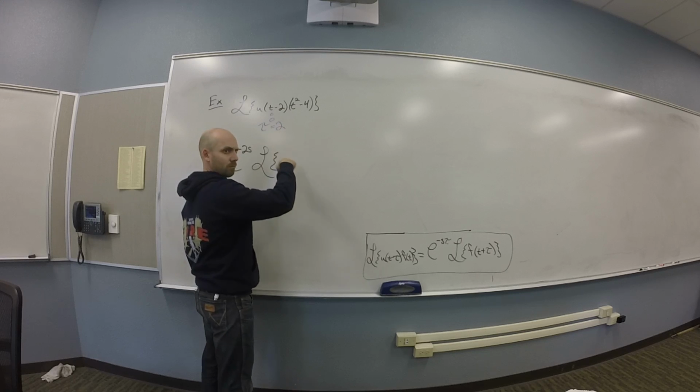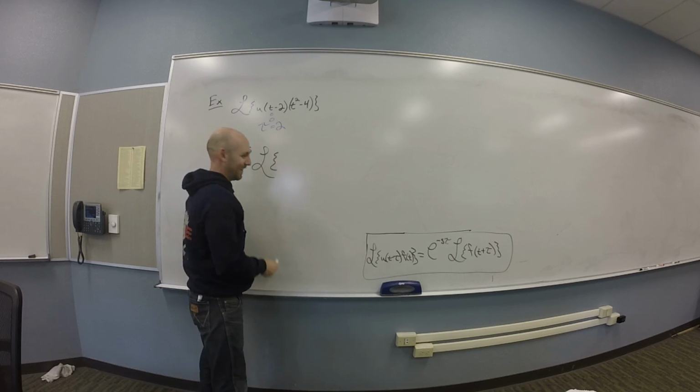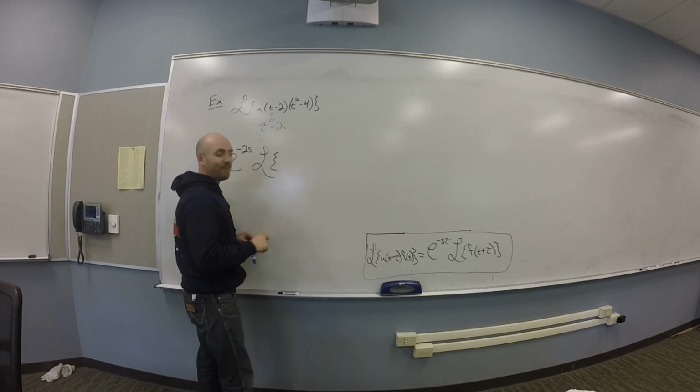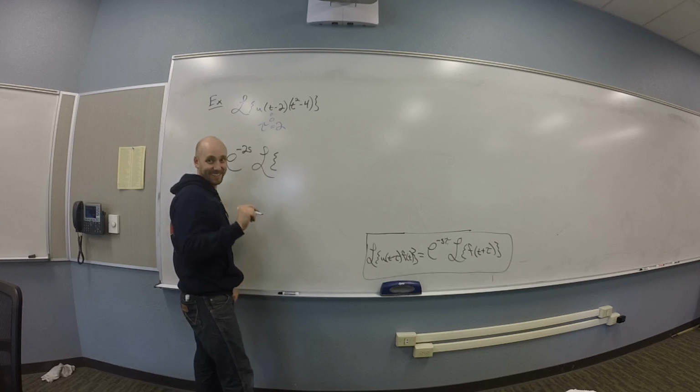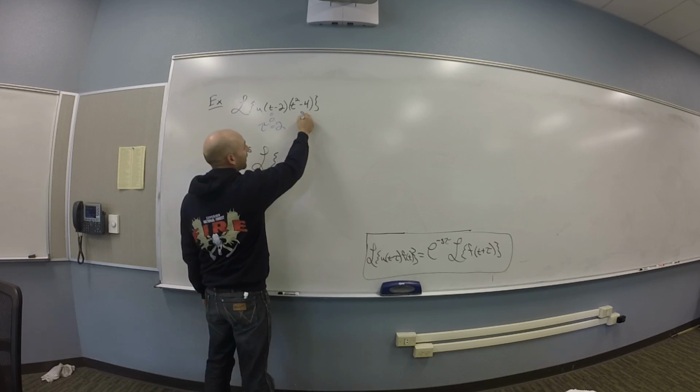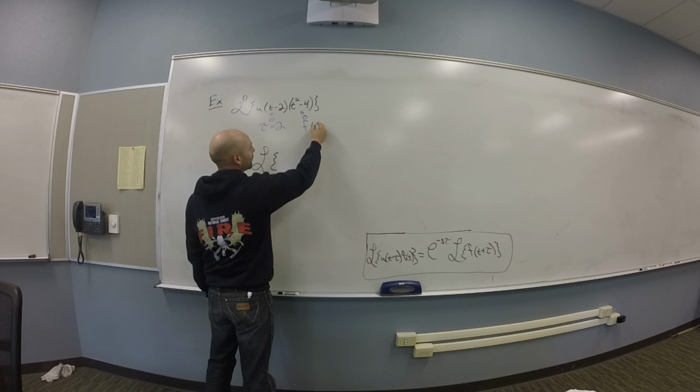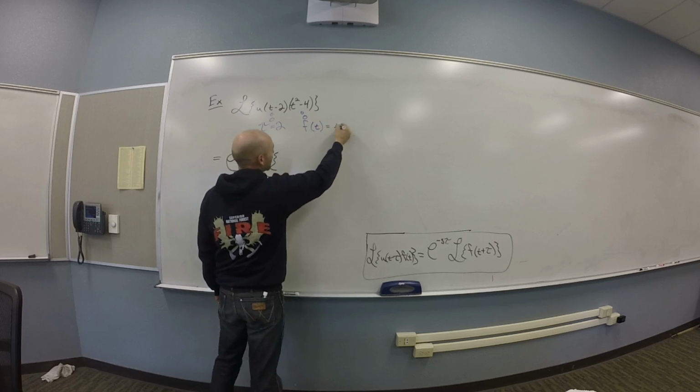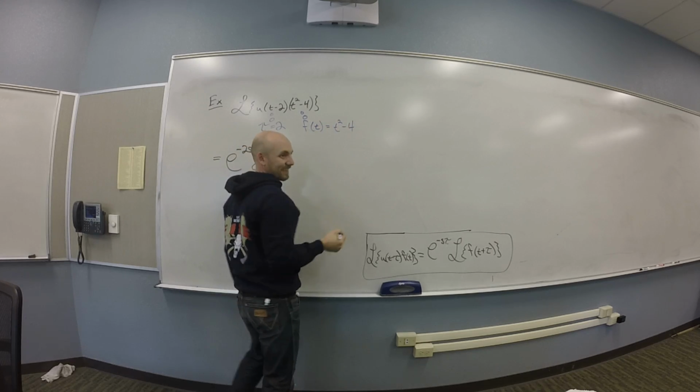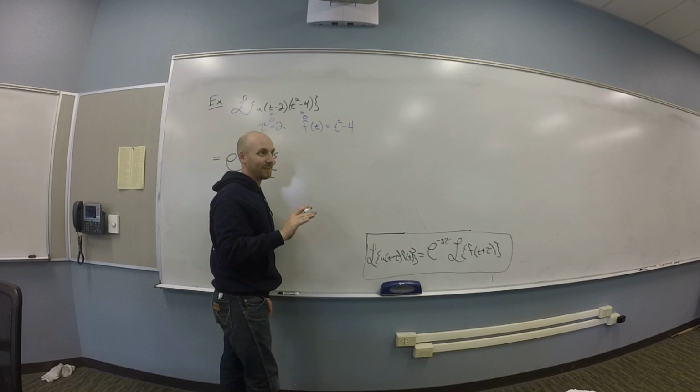So quantity t plus 2, squared minus 4? Okay. I would encourage careful writing at this stage. So this thing here, f of t is t squared minus 4, right? Like that's my function.